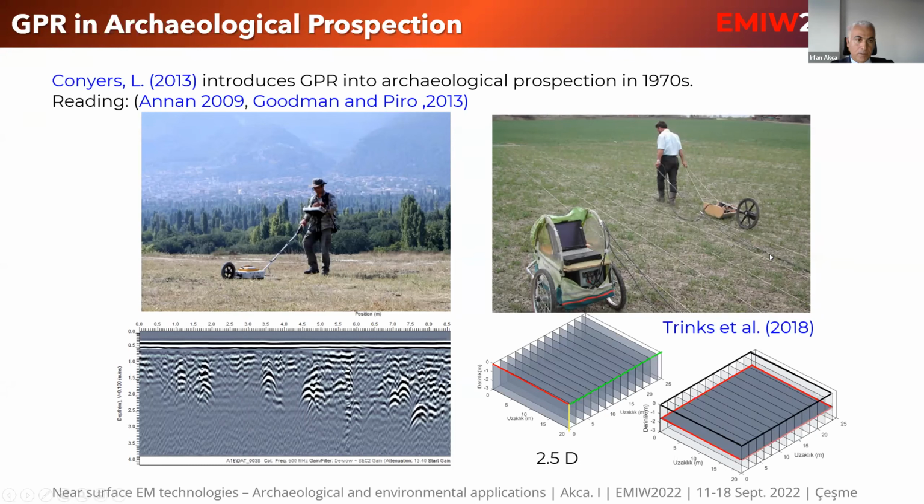Okay, if you make several measurements which are parallel, like the ropes you see in the right picture, then you can produce a 2.5D or maybe 3D model or tomography of the subsurface.